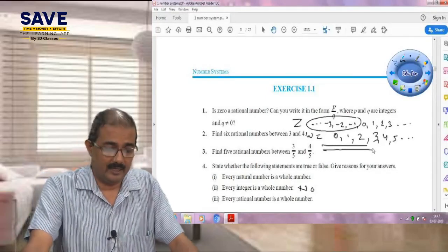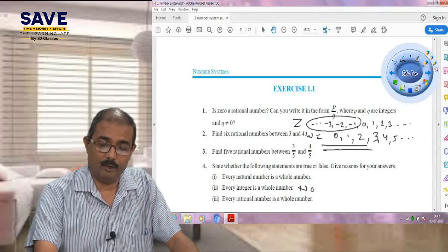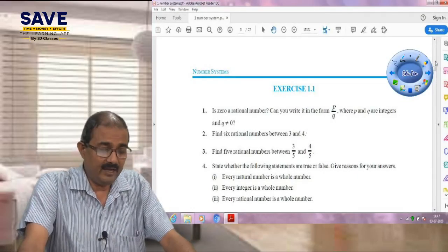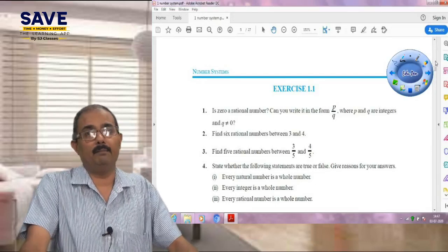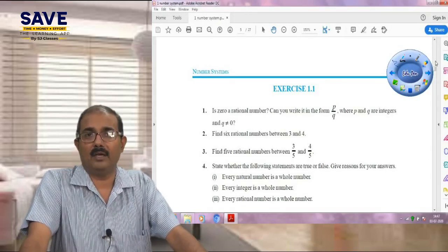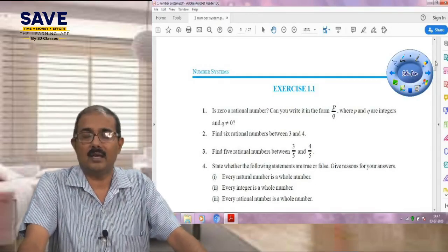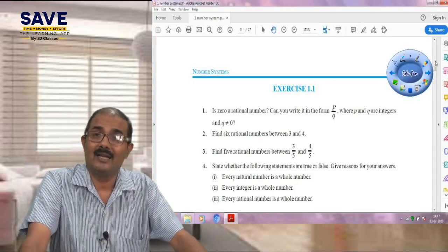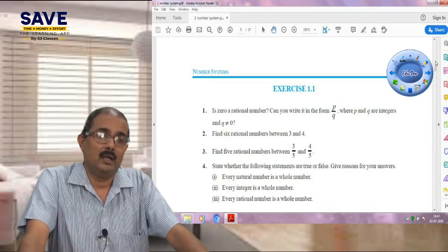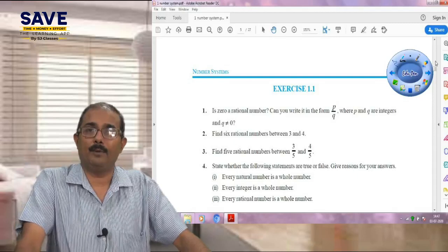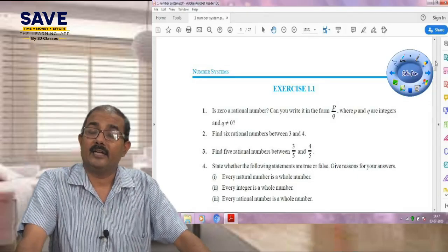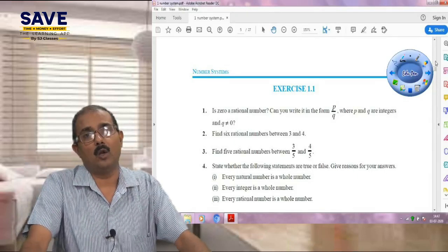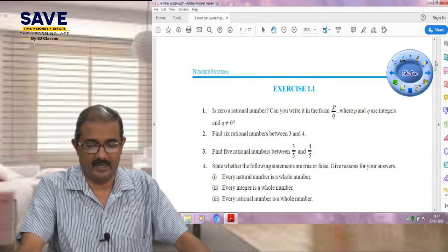Now the third part, read it very carefully. Every rational number is a whole number. We discussed in the last lecture what rational numbers are. Rational numbers are in p upon q form. They are terminating decimals or non-terminating repeating decimals.